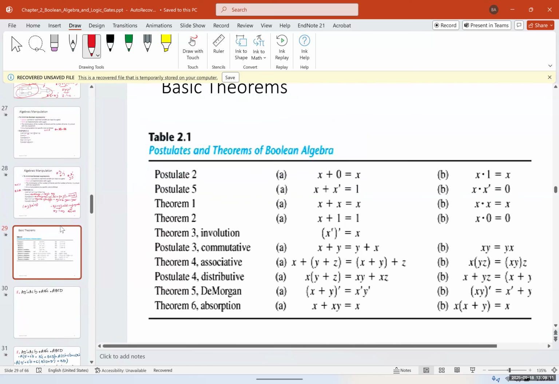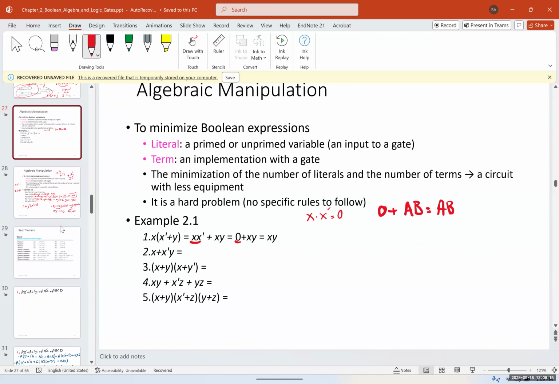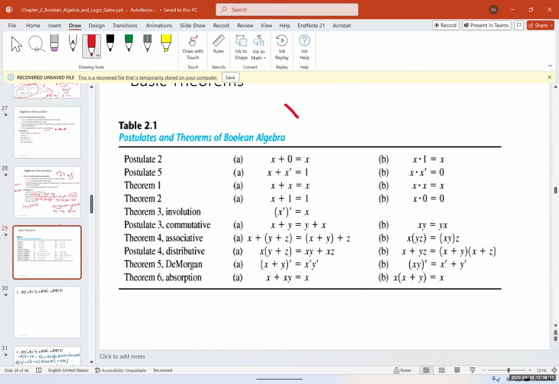Okay, so you can use these terms, and I want you to solve X plus X prime Y. I want you to simplify this. You can use any of these postulates or theorems to solve this and simplify it.